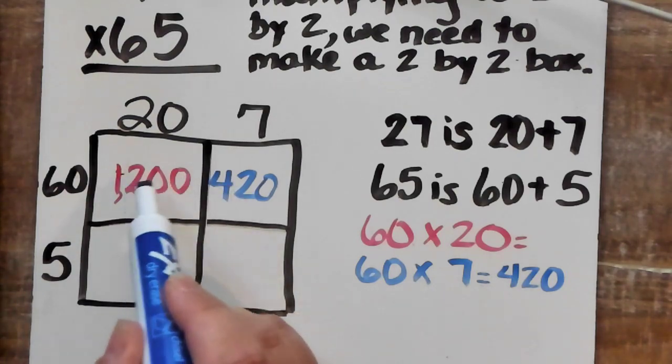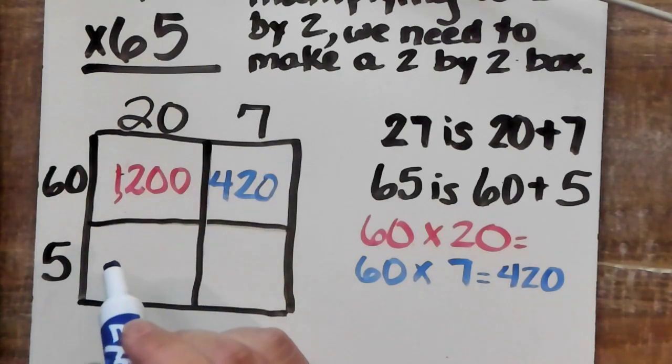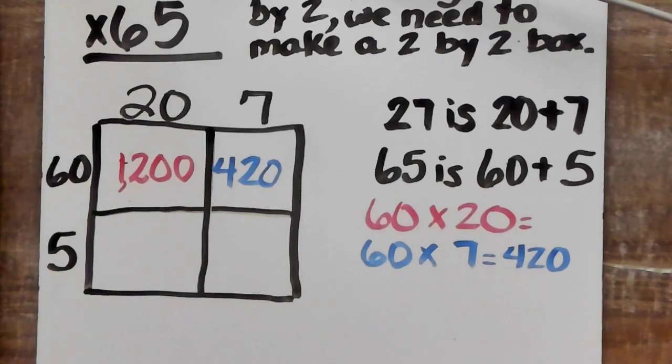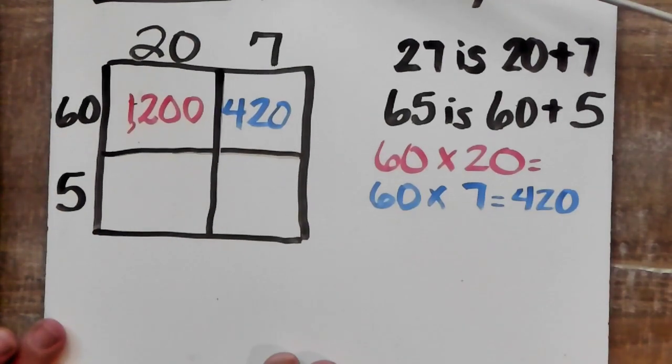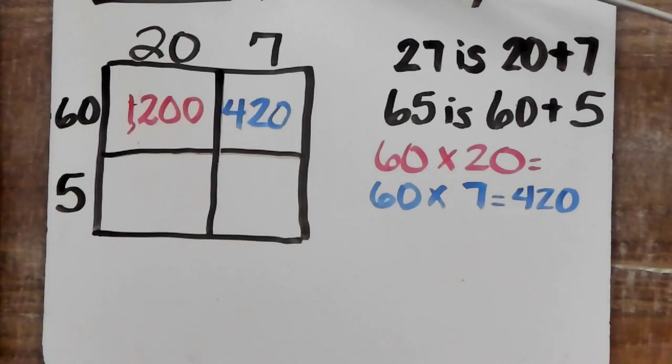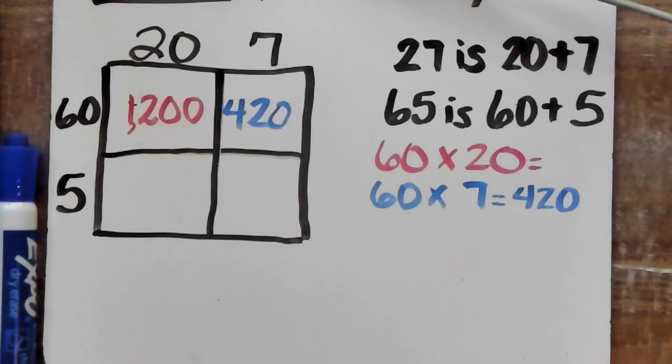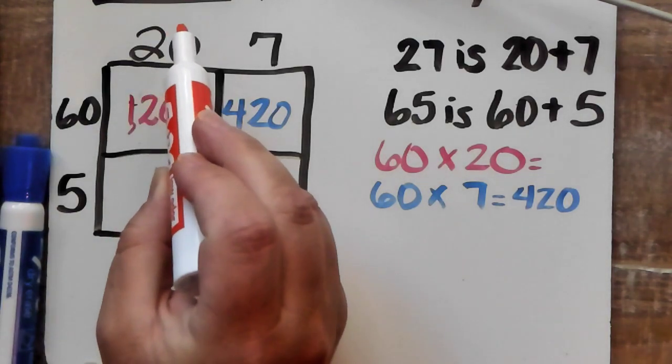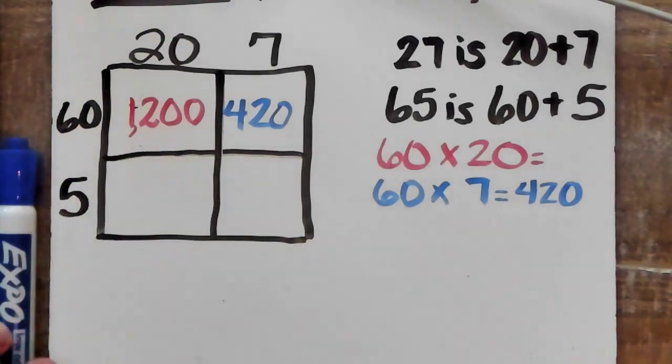Okay, we've done our 2 top boxes. Now we need to do our bottom 2. So I'm going to slide this up a little bit. The next thing we're going to multiply is going to be our 20 times 5.